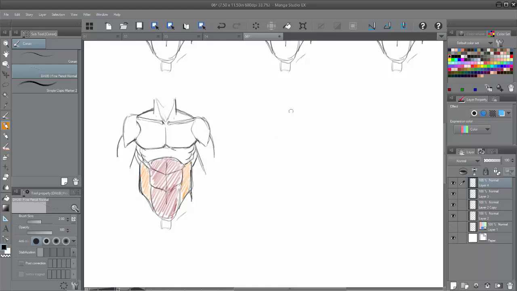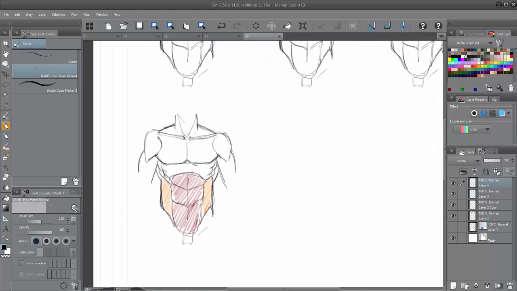The abs are the same as the chest and every other muscle as far as it's got an insertion point, which would probably be in these corners here. And the abs are going to look like this, and they're going to insert into there.